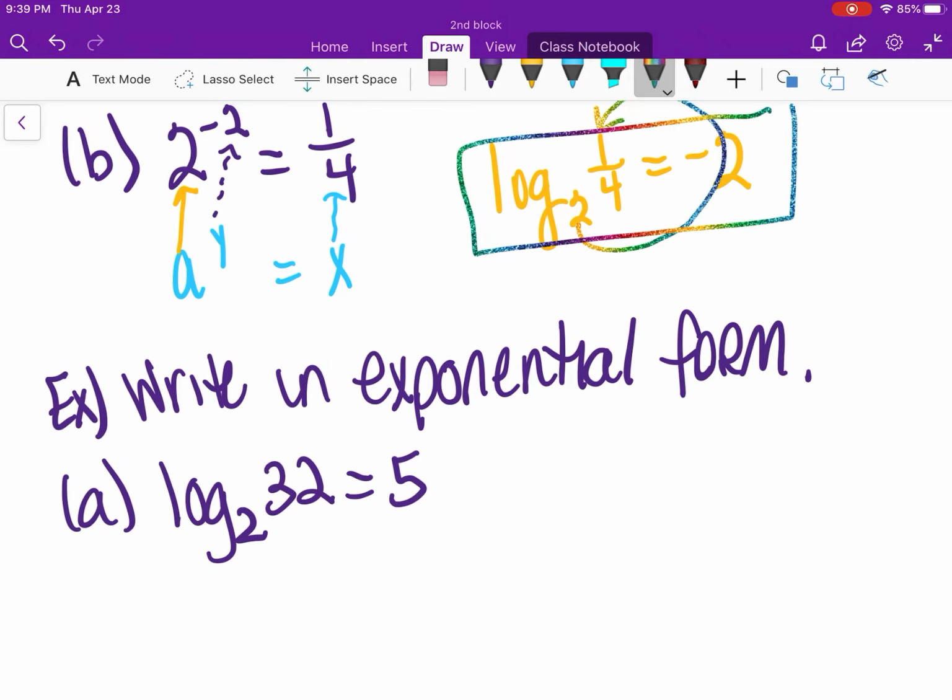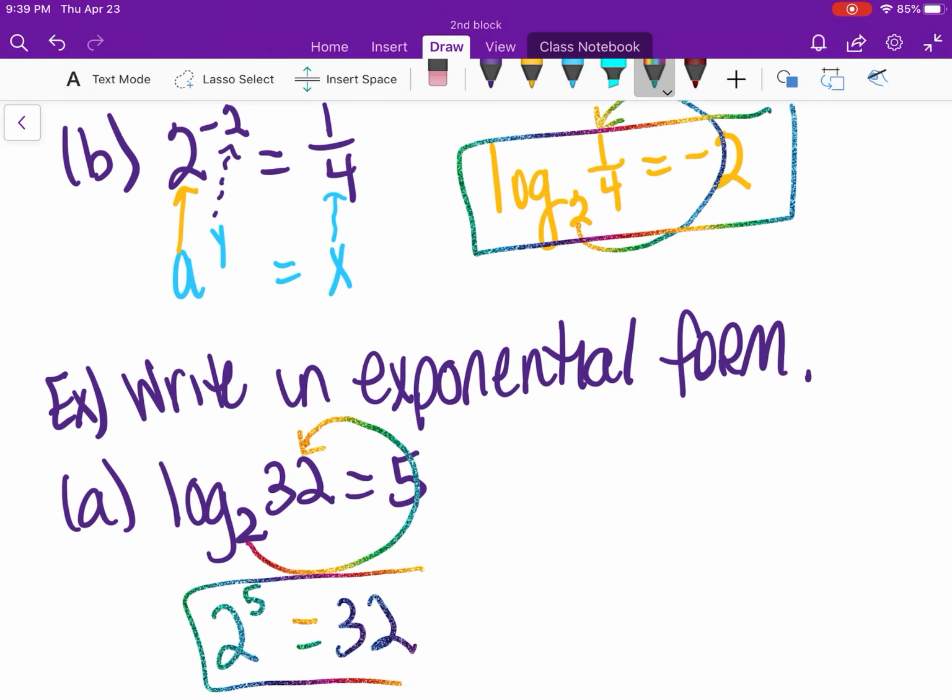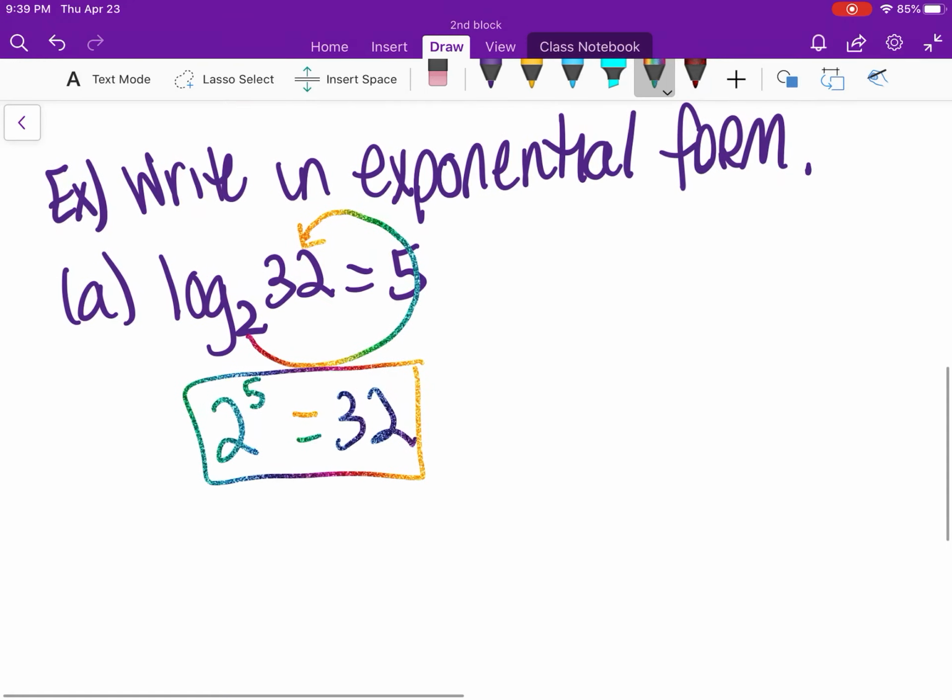So I think this way is a little easier because you can just use your curly fry. You start with the 2. 2 to the 5th equals 32. That's your answer.